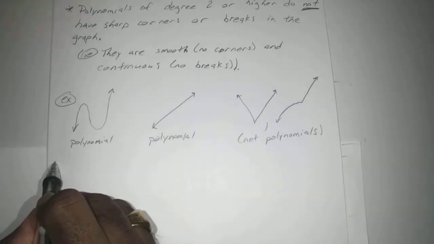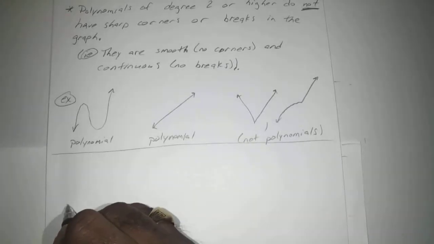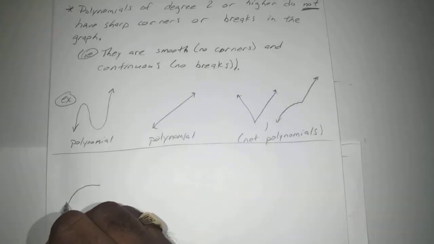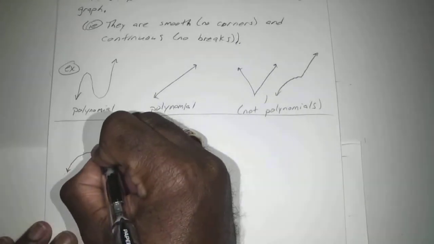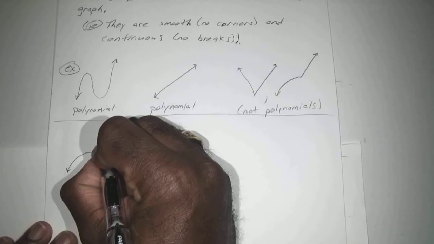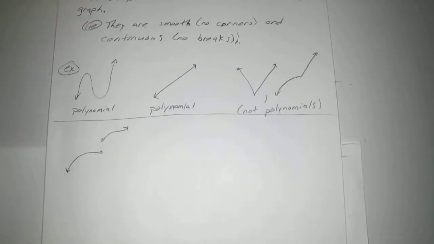Or even if you had the graph, it looks like this, bring that up some. And a piecewise function that continued like that. It's not continuous, so it wouldn't be a polynomial.